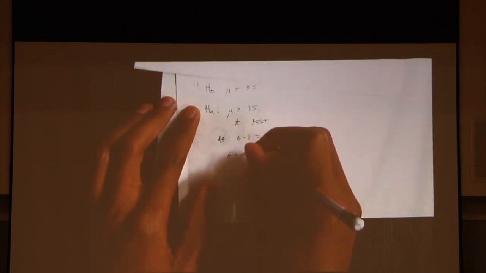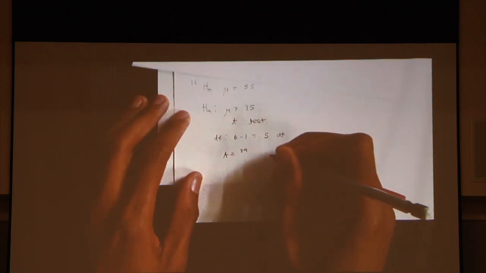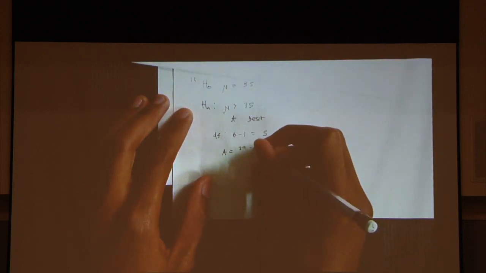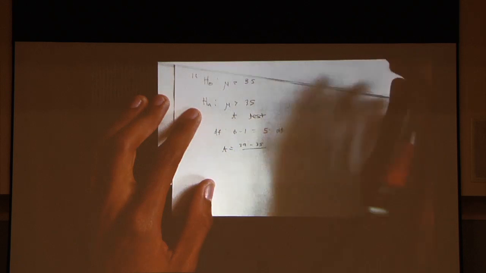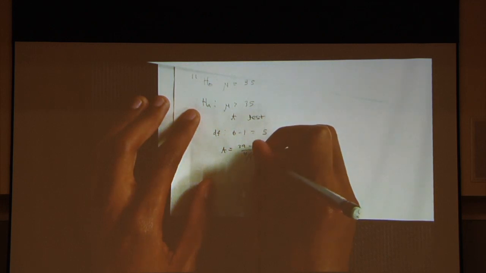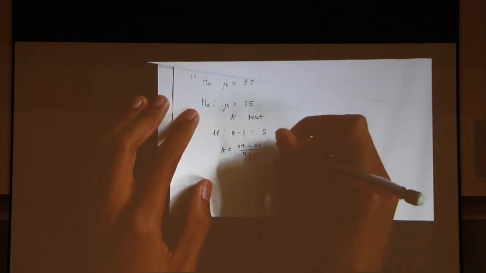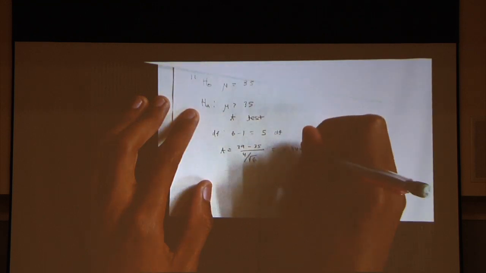The t-value is going to be the 39% that they found minus 35, divided by the standard deviation, which was 4%, divided by square root of n. Right? And this gives you 2.449.